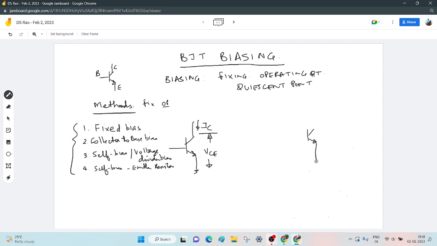connect the emitter to ground, connect the collector through a resistor which we will call the collector resistor RC to the positive supply, which we will call VCC, positive supply. Now you may be wondering, sir, where is the negative? Actually what we are doing is, this RC we are connecting to a supply like this.